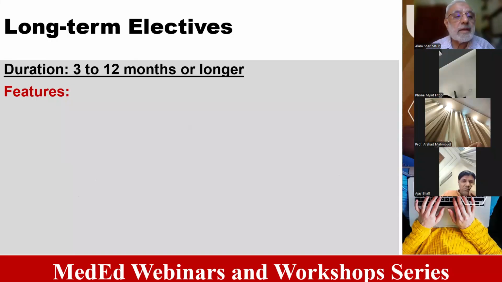The long-term elective is a bit different from the previous two. The duration is 3 to 12 months. This means that students take almost a year off from the regular course, and they may go for another training, and these students would usually graduate with 2 degrees, one in, of course, medicine, and the other in whatever course they have taken.